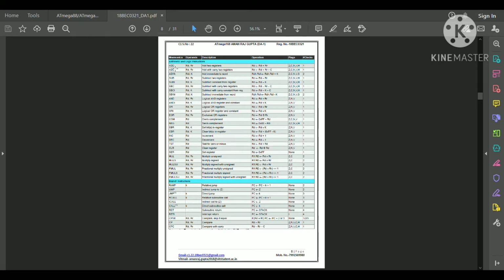As you can see, add takes one clock cycle, and the highest for the logical unit is for multiplication.